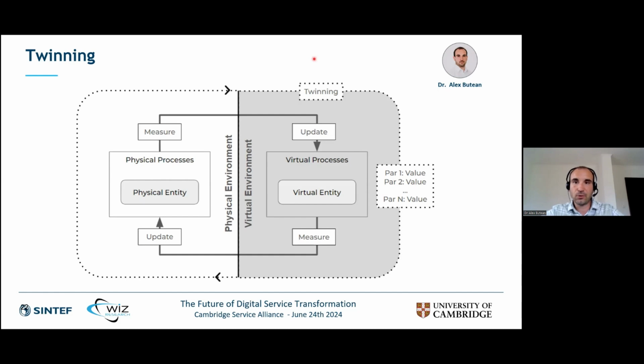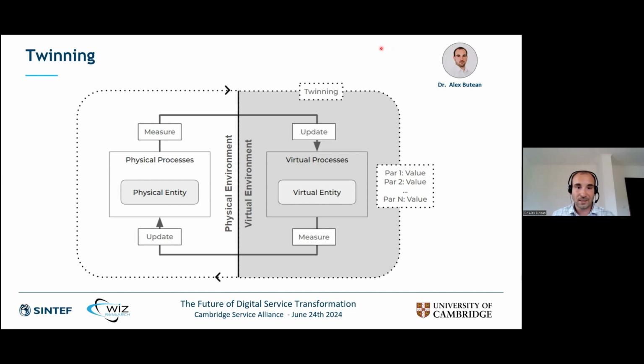I would like to say that the word twin is actually kind of fake, because a twin, even in real life, might look visually the same, but the insides are always different. So when in our projects we talk about digital twin, we like to follow a process called twinning.